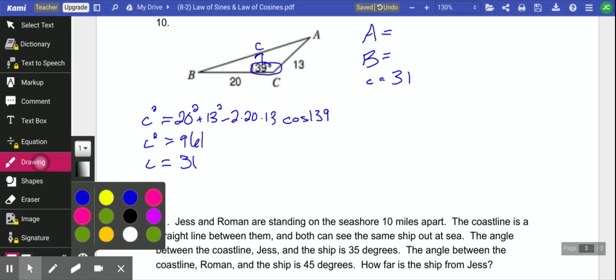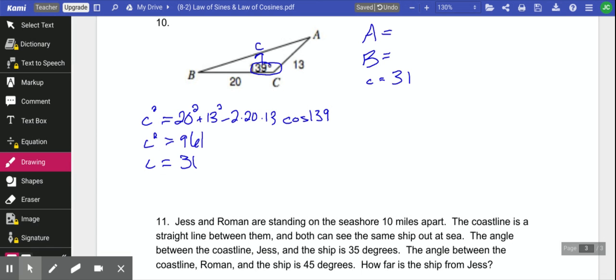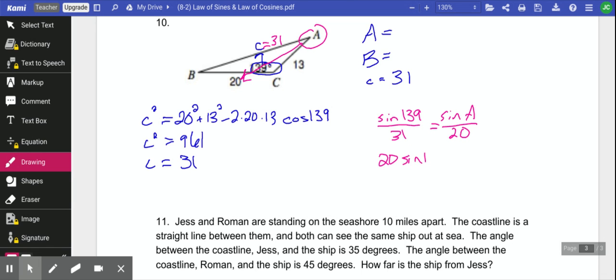All right, now we have a side and an angle that we know, so we can use law of sines. So sine of 139 over 31 equals whatever one you want to find next. I'm going to find A. All right, cross multiply. 20 sine of 139 equals 31 sine A. Divide both sides by 31.